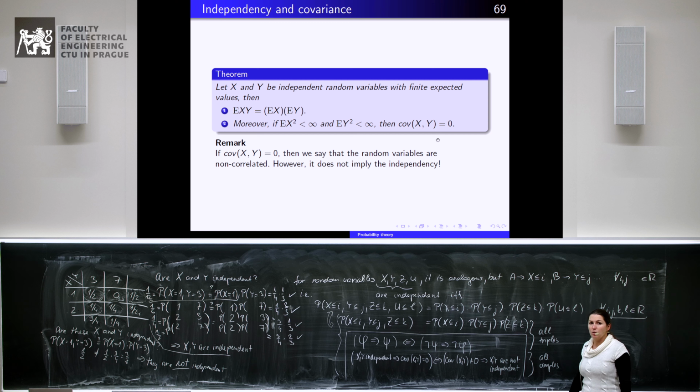It means that when we calculate the covariance and we notice that the covariance is equal to 0, we have no information about the independence. But if the covariance is not equal to 0, we directly know that x and y are not independent. So this is the relation between independence and the covariance of random variables.